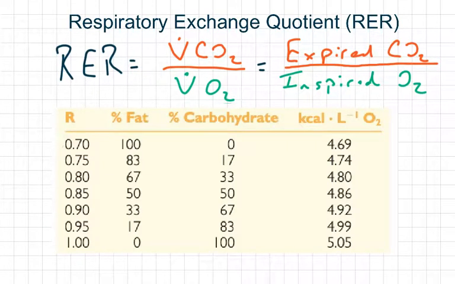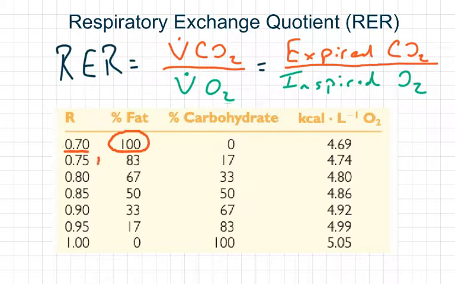And it starts off with the RER, or R, at 0.70. And so what we see here is when the RER is equal to or less than 0.70, the percentage of fats as the primary fuel source is 100%.